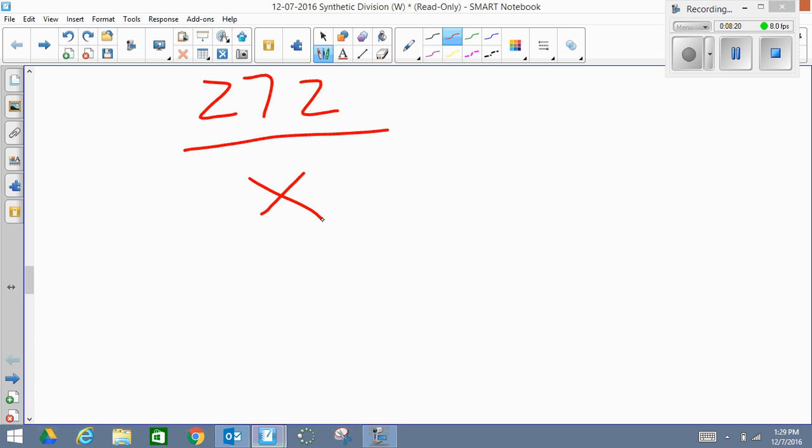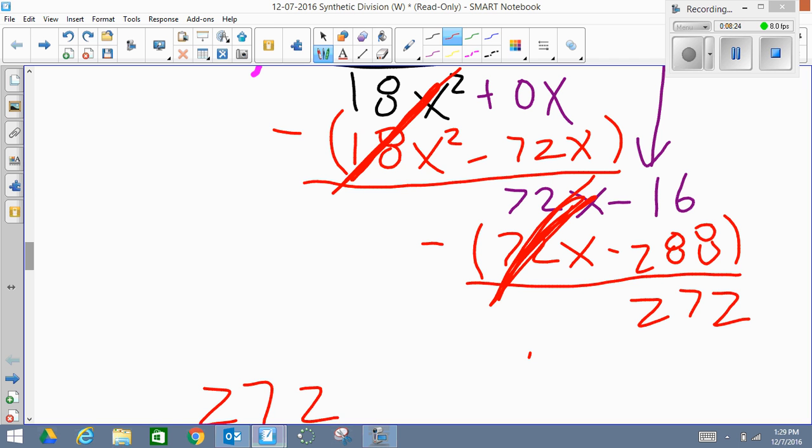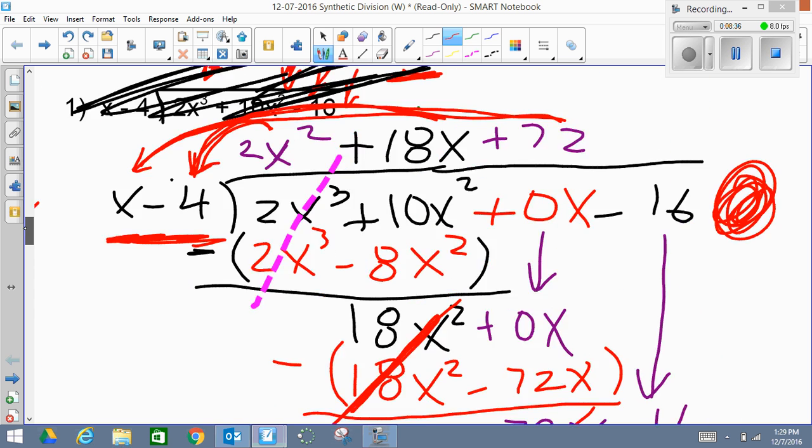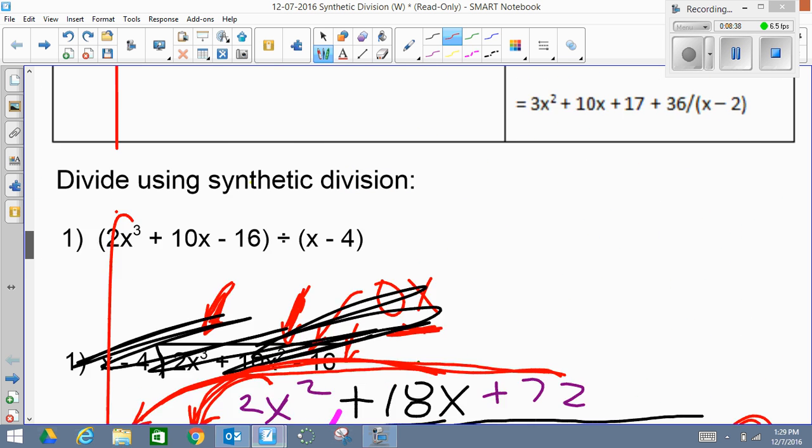So always, in order for you to keep going, on your remainder, or the bottom, the x has to be the same exponent or greater than my divisor. So in my divisor right now, you have an x there.